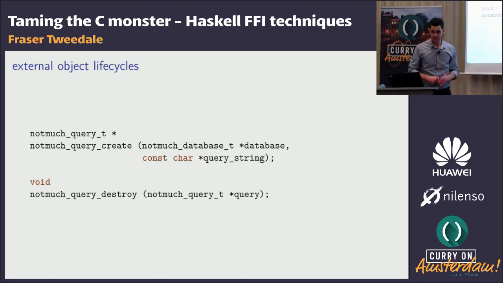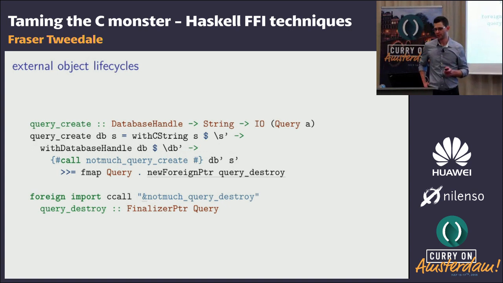For managing external object lifecycle, I already mentioned that foreign pointers are useful for allowing the Haskell garbage collector to take care of finalizing foreign objects. So here we have the constructor and the destructor for a notmuch query. In Haskell, we can use query create to create the query object.